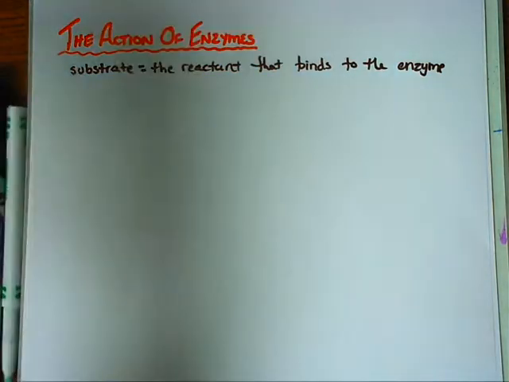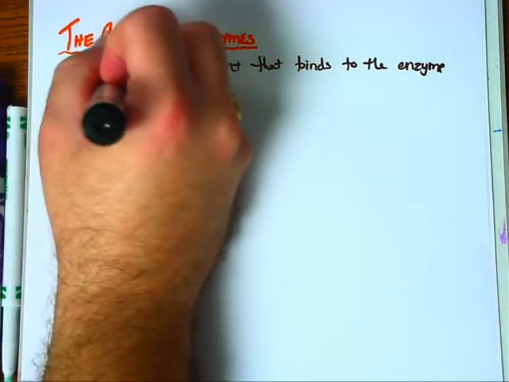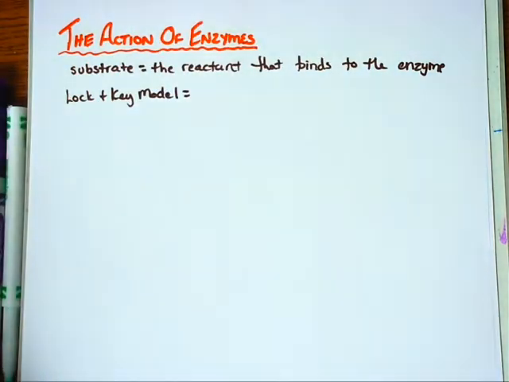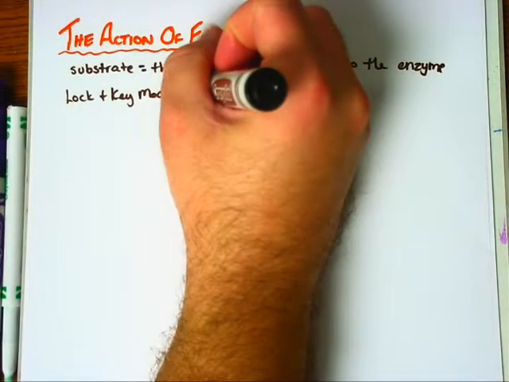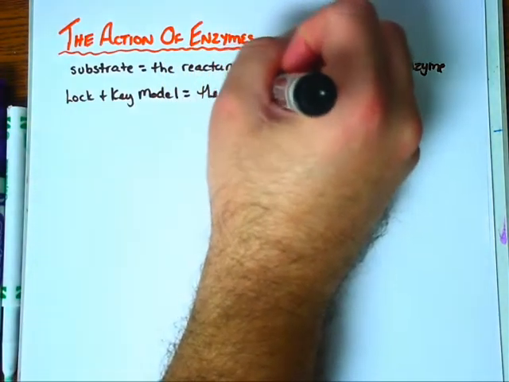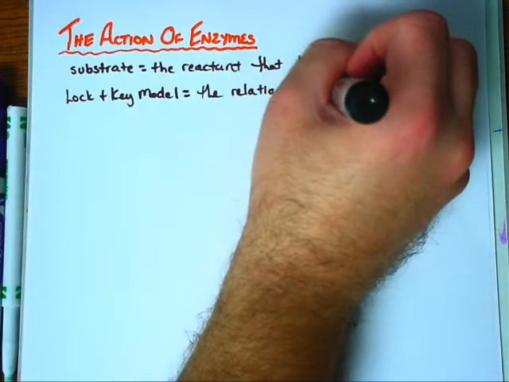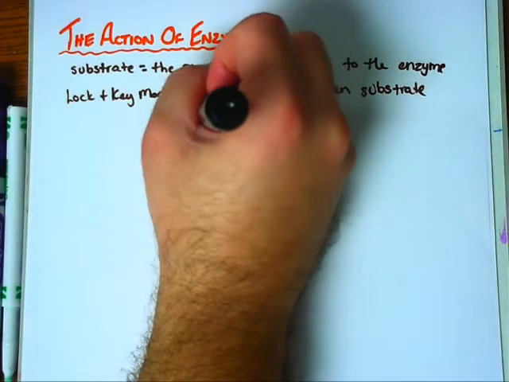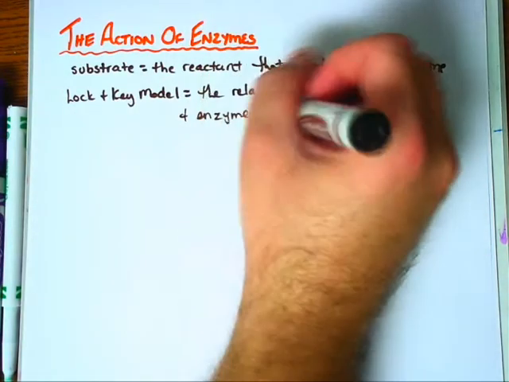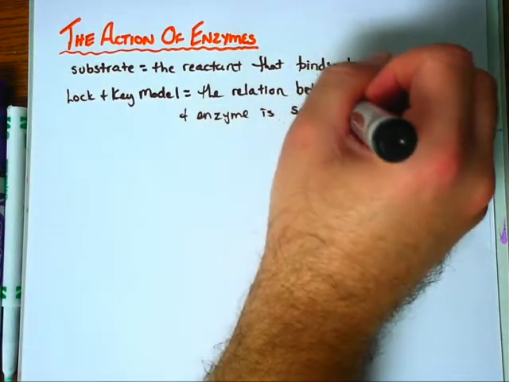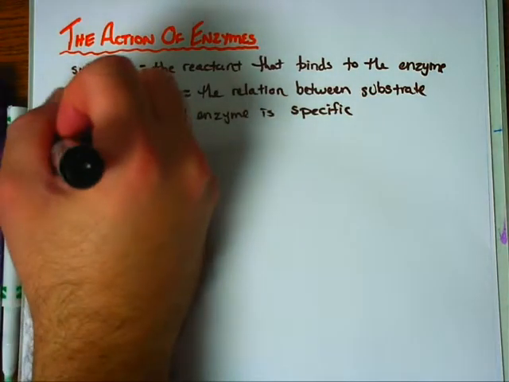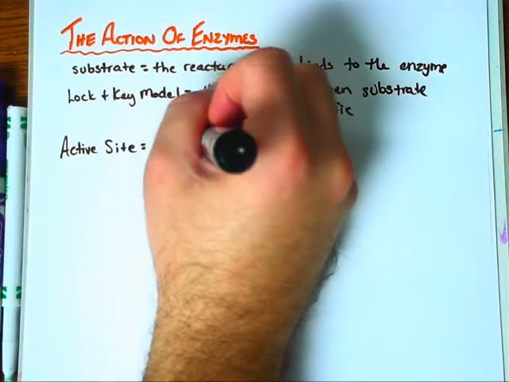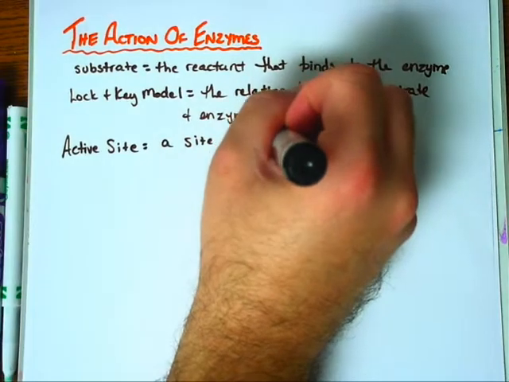When your book mentions the lock and key model, what are they referring to? One specific substrate can only go to one specific enzyme. So the relation between substrate and enzyme is very specific. Okay. What's the active site? That's where the substrate binds. It's a site or location on the enzyme where the substrate binds.